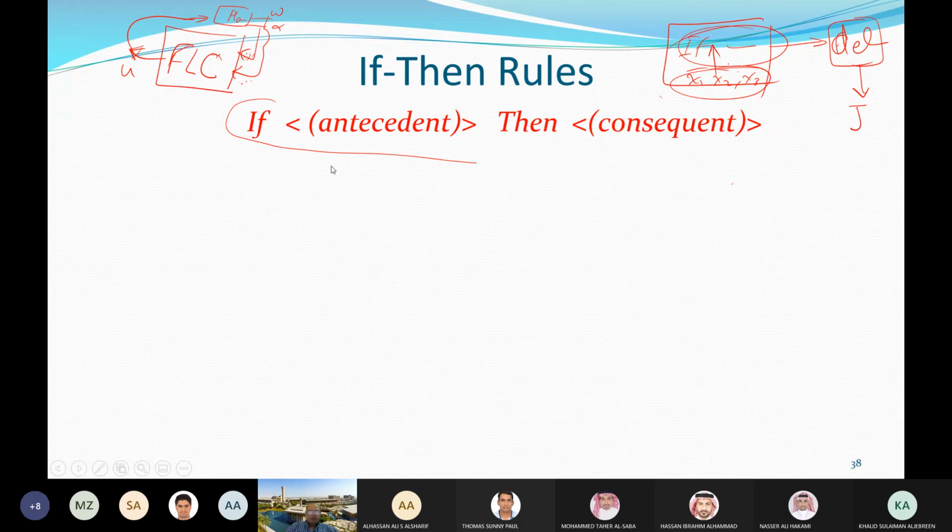At the beginning, you calculate the antecedent based on your measurements, and the degree of satisfaction here is the same as the degree of satisfaction here. So if you calculate this, the consequent will also be at the same degree of satisfaction, and then you will defuzzify it.